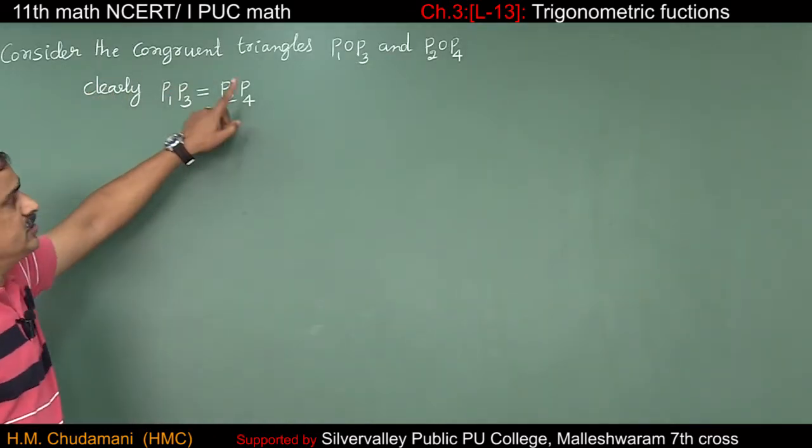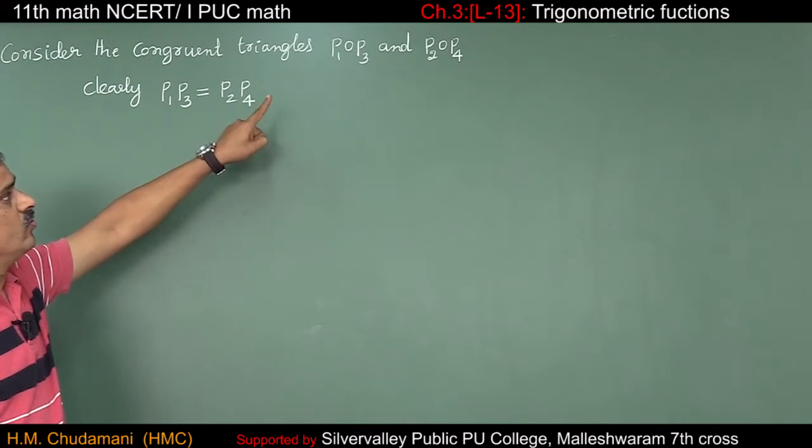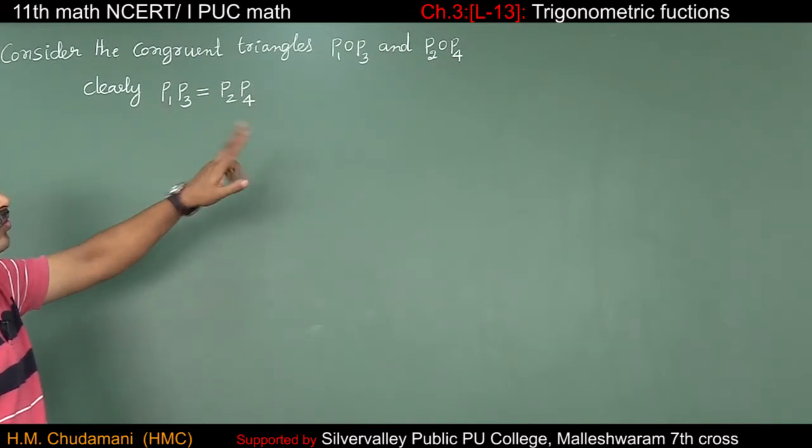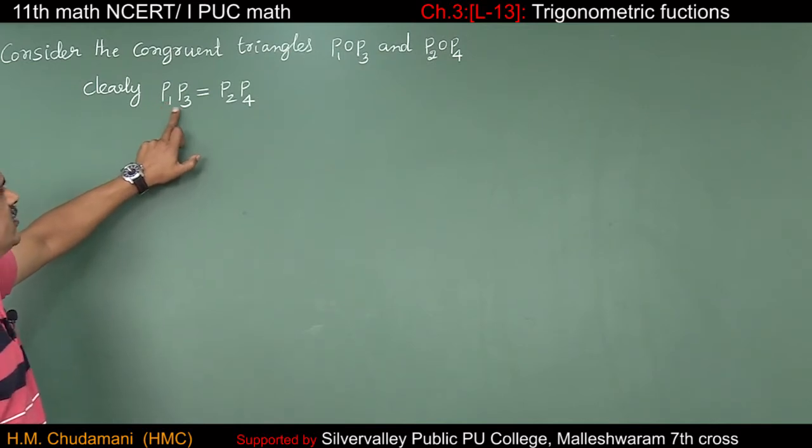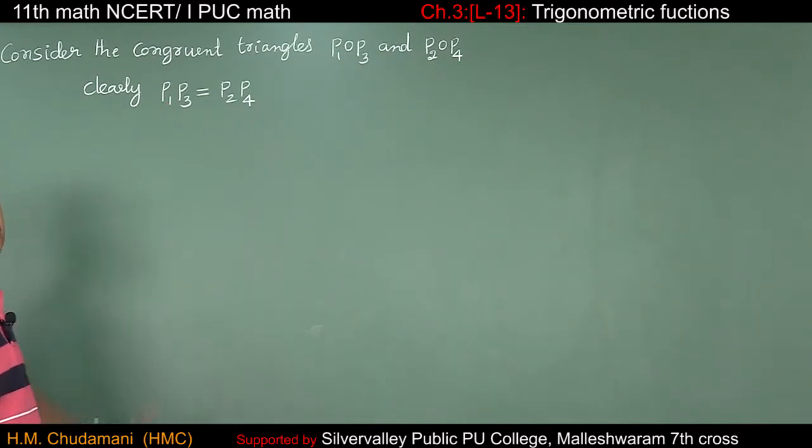Consider the congruent triangles P1 O P3 and P2 O P4. So clearly the sides are equal, P1 P3 is equal to P2 P4.